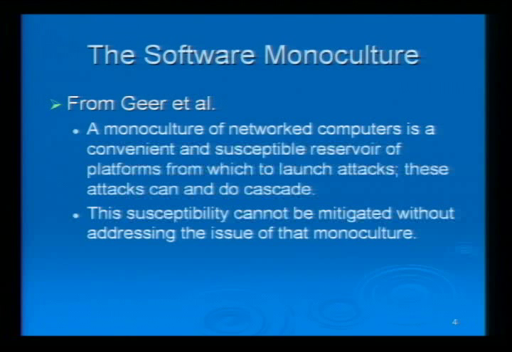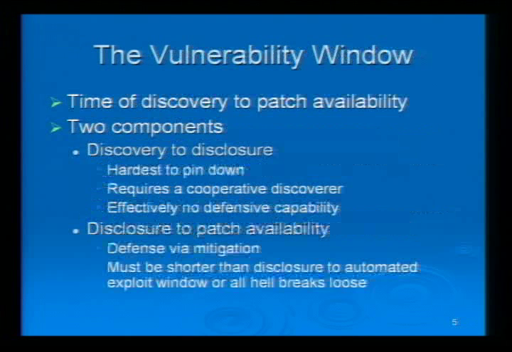And the idea is that in order to mitigate this sort of monoculture problem, you've got to address the similarity in all the software some way, you know, short of getting everybody to migrate to different operating systems and so on. This is again one novel approach, perhaps, or not, to go about that.